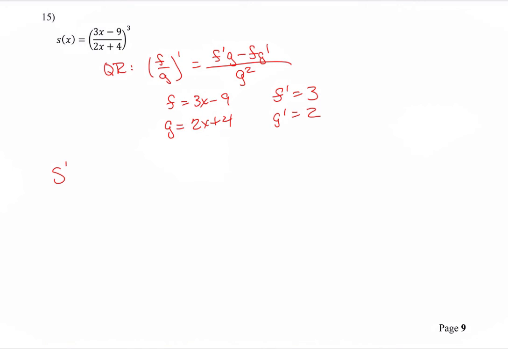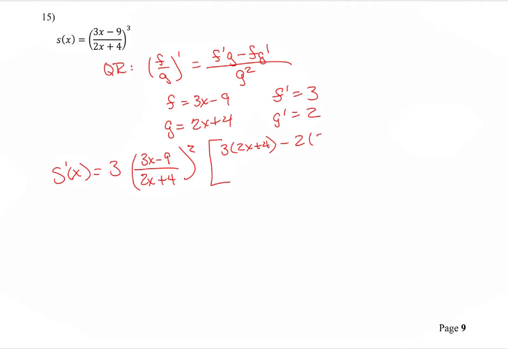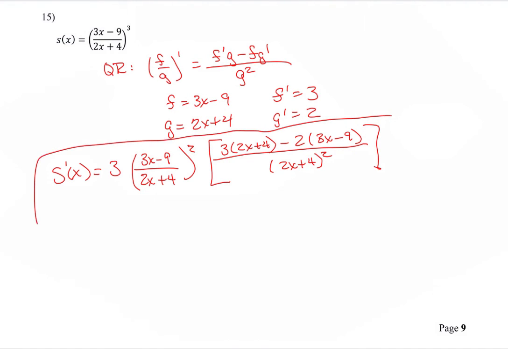So then s prime of x equals 3 times 3x minus 9 over 2x plus 4, squared, times the derivative of the inside, and that's where the quotient rule comes into play. So I have 3 times 2x plus 4 minus, and I'm going to go ahead and pull the 2 forward, 2 times 3x minus 9, all over 2x plus 4 squared. And that is my derivative.